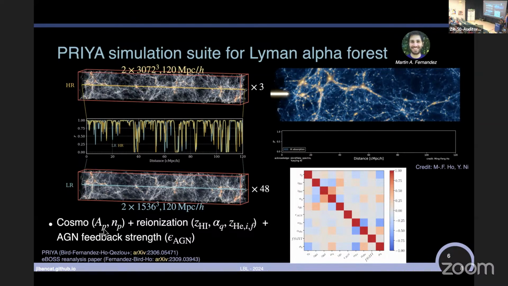All of these go into the simulations in 9 dimensions, and we run 50 of them in low resolution and 3 of them in high resolution to study the Lyman-alpha forest. In this case, we already have 2 papers on the Lyman-alpha forest 1D power spectrum, and we are going to push it to the 3D power spectrum in the future.